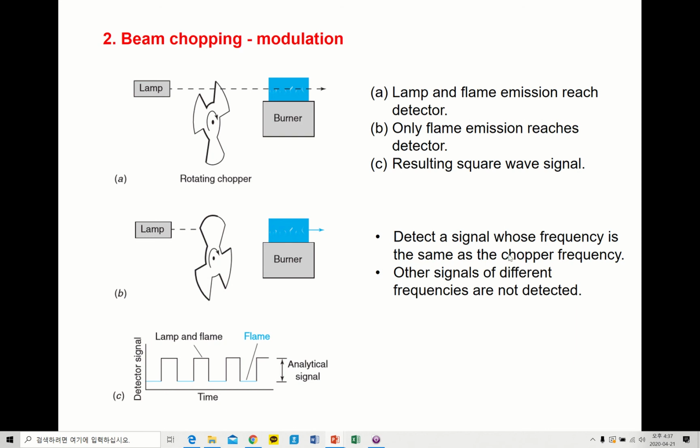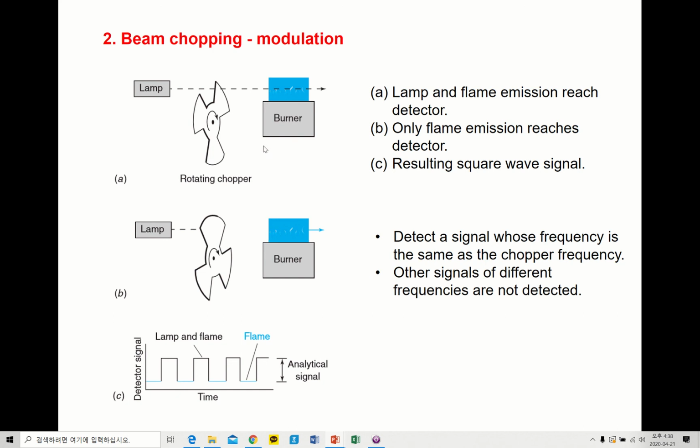This is very important, a very powerful technique. They call it the lock-in technique. Other signals of different frequencies are not detected. So although the signal is very weak, by this technique the weak signal can be detected very nicely. That's the beam chopping.